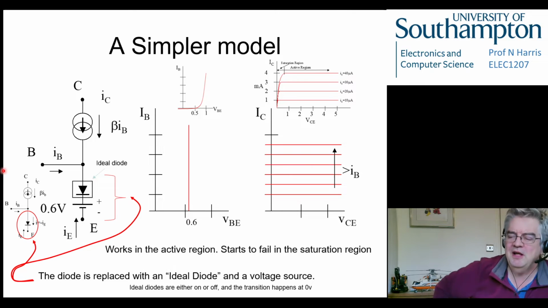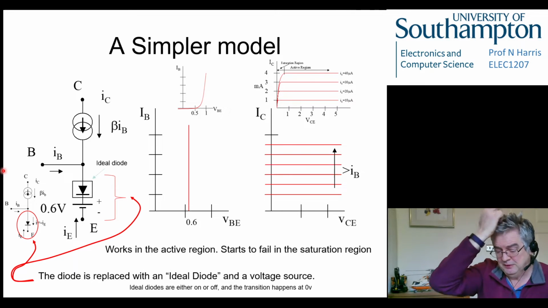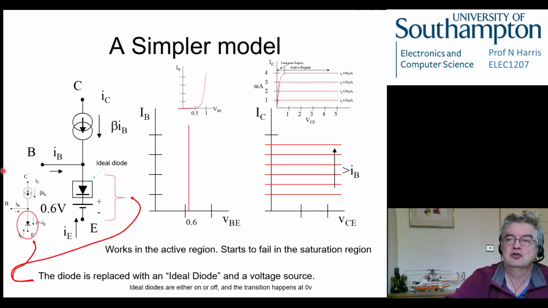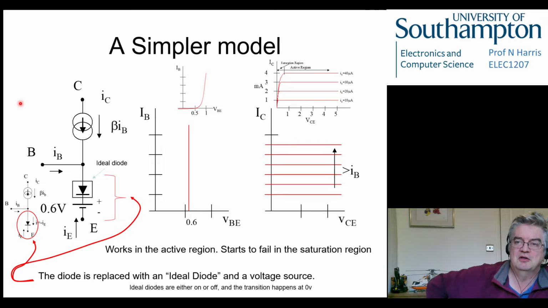So we said, could we try and simplify this a little bit? Because as engineers, we like to massage things into a shape that we can use and apply a common set of rules. And having gone to all this trouble of learning about network theory and mesh analysis and linearity, it'd be a shame not to be able to use it because the devices we want to use are non-linear.